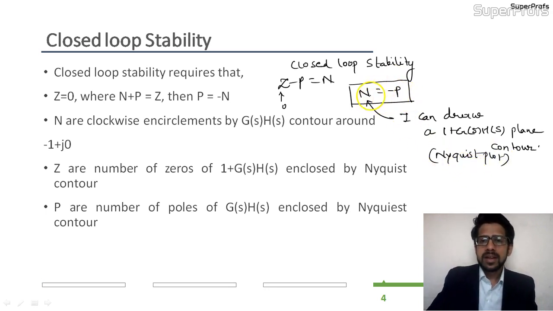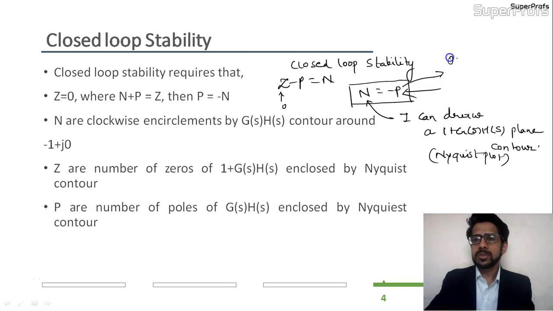So you can determine the value of N by drawing this particular Nyquist plot, and you just need to check if N is equal to minus P. Okay, so these P are nothing but open loop poles. So if N is equal to minus P, you will know that the system is stable.